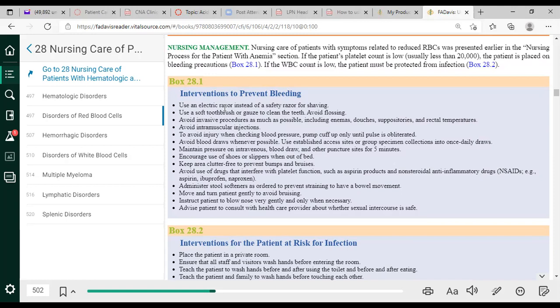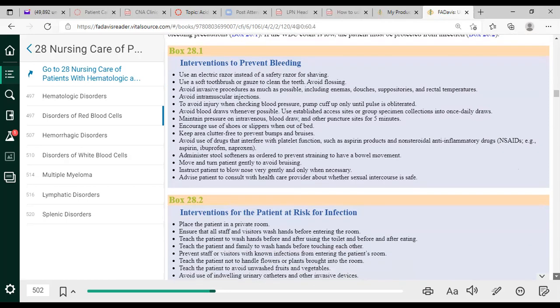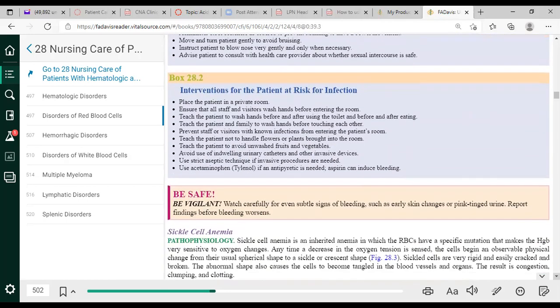That type of thinking is where education has to kick in. No, some of these patients can be on blood thinners, and those blood thinners are so effective that if the patient bumps up against something, it leaves a huge bruise. So you want to think about interventions when your patients are placed on bleeding precautions.